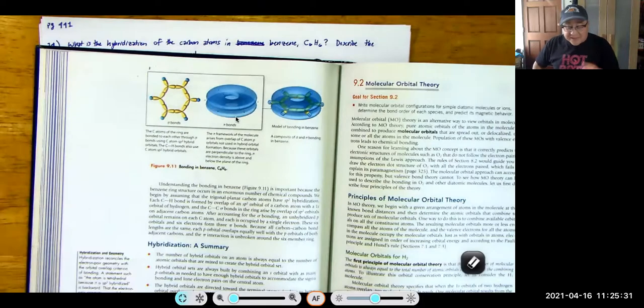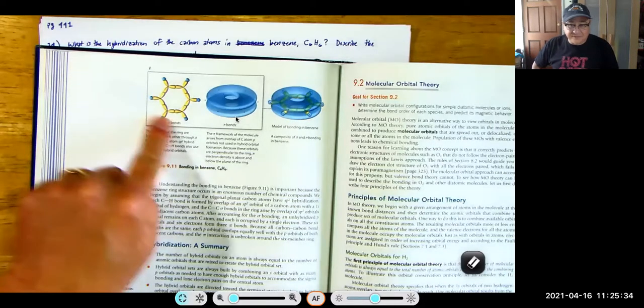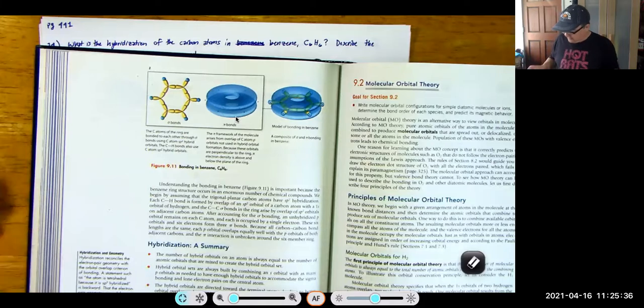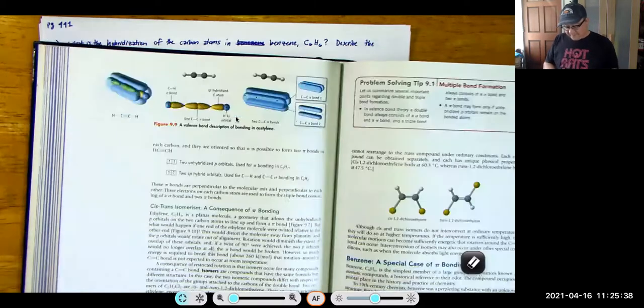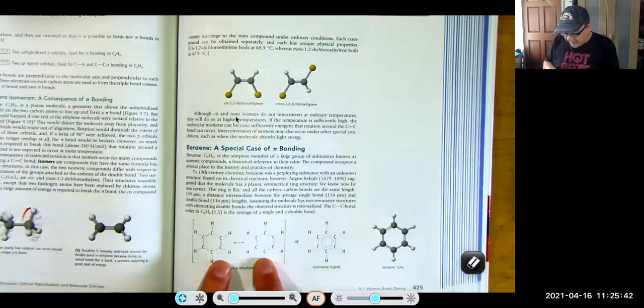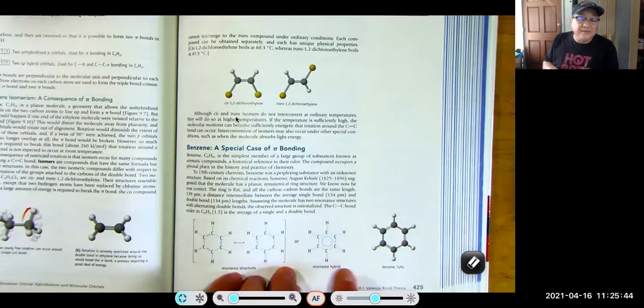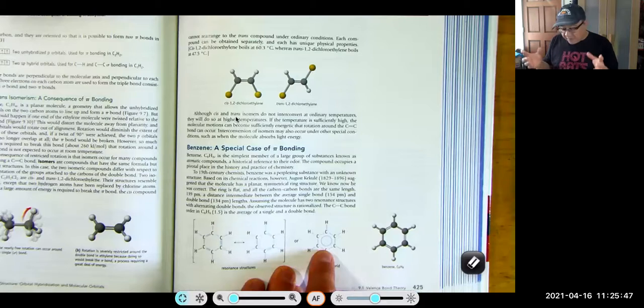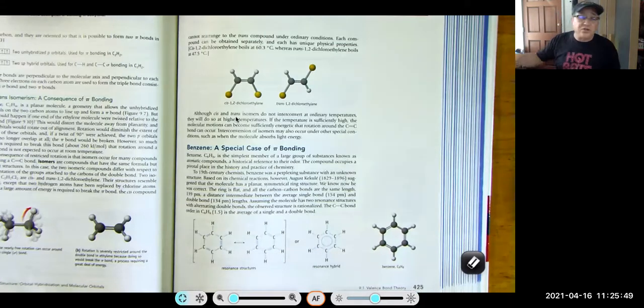So this, in fact, is not 3 double bonds in there. The electrons are spread out. And you see this circle right here? That's kind of a way to say that, hey, those electrons are spread out and they're not constrained to these double bonds.